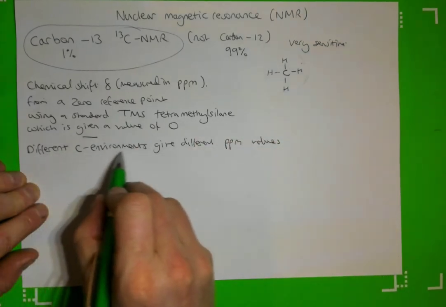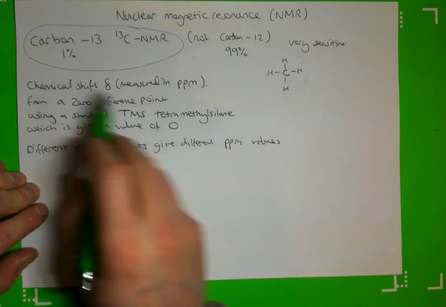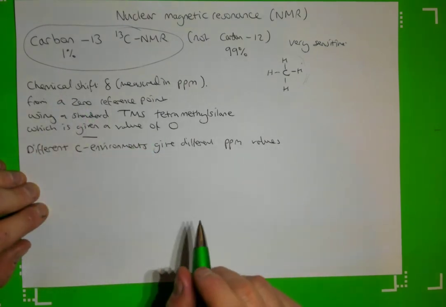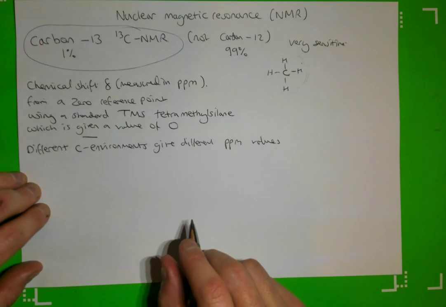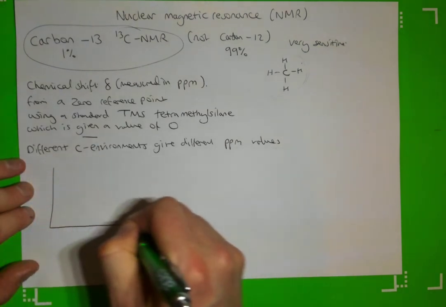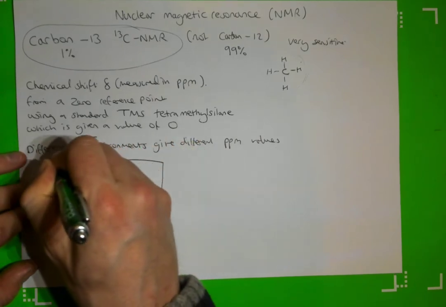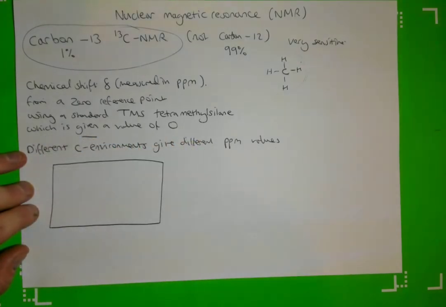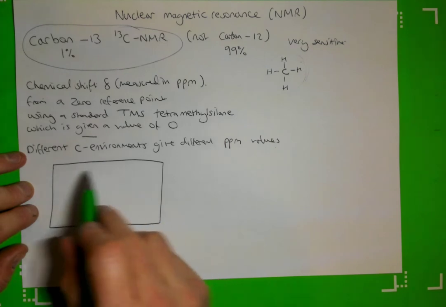So different carbon environments give different ppm values, different chemical shift values. So let's have here a picture of a carbon-13 NMR spectra. So this is actually what's produced.